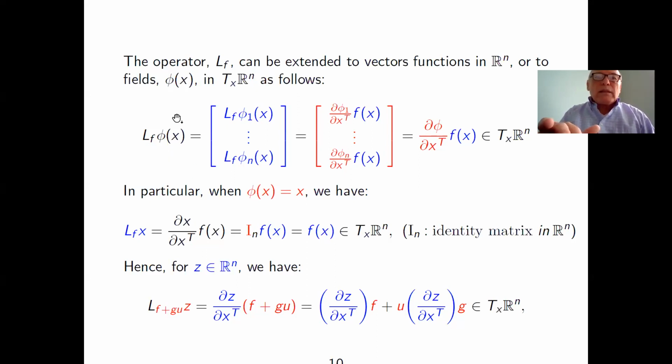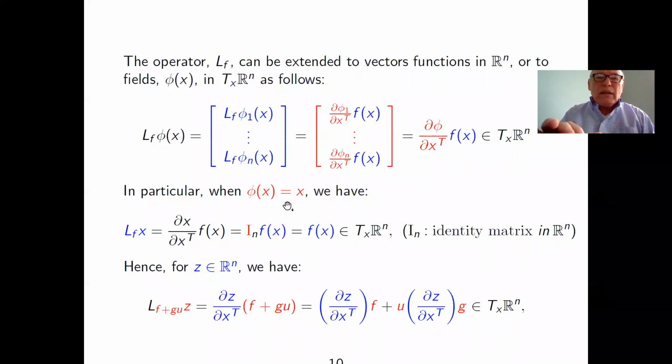In particular, we're interested in applying this extended directional derivative of vectors to a particular vector function. Let's suppose we have the identity function in the sense that phi of x is just x. That's the most elementary kind of vector function that we can think of.